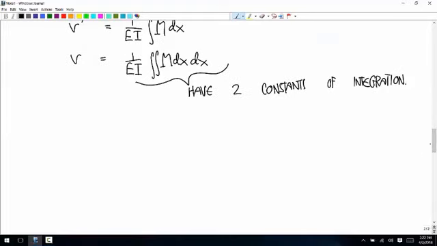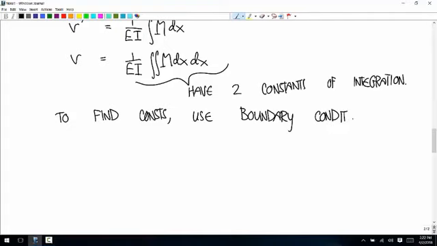And to solve for those two constants of integration, we're going to use the boundary conditions. And the boundary conditions that we're going to know are going to be at the joints. So we're going to be dealing with two types of joints.